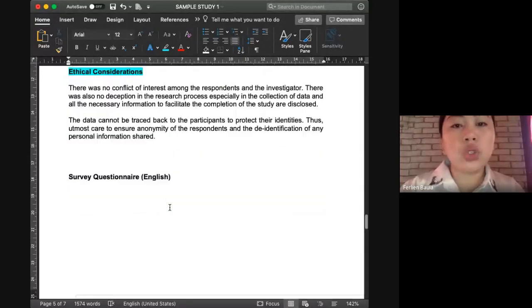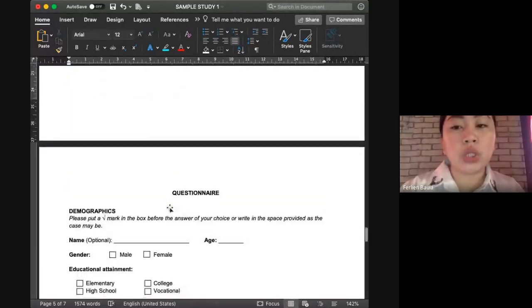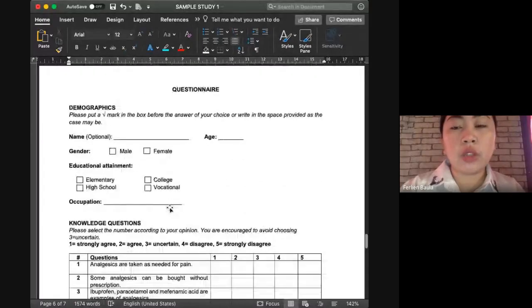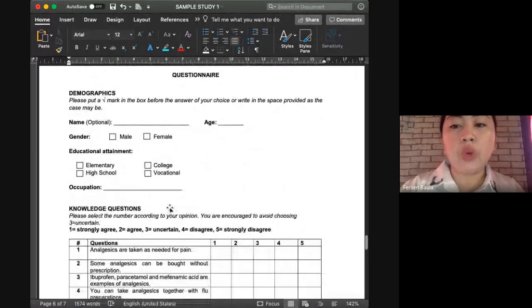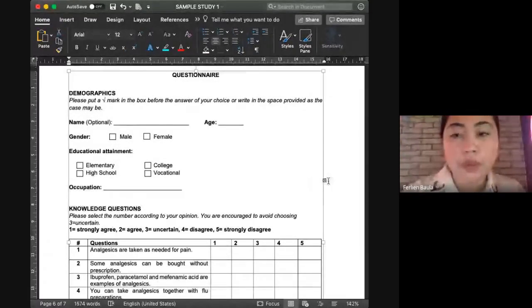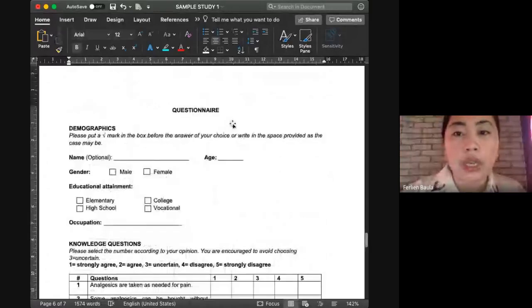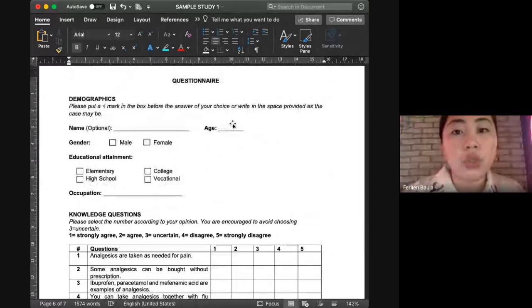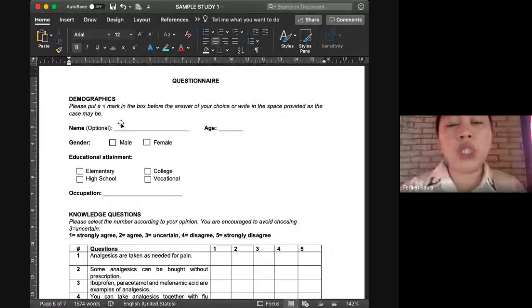So I will show you a sample questionnaire so that you will really have a grasp on how to do it. I hope you can check this on your screen. So the questionnaire class, if you need to have a demographic profile, then you have to put a section of demographics. So mauna siya dapat.